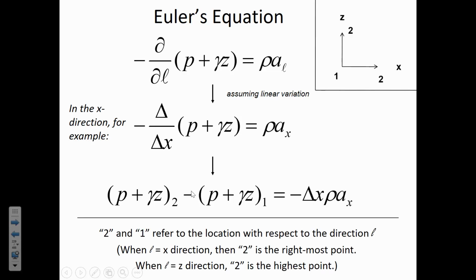Now that convention for location 2 and location 1 is just that if we're accelerating in the x direction, so horizontally, then 2 would be whichever point is further to the right. If the acceleration is in the vertical plane, then 2 is whichever point is higher than the other. So that's just a review of what you've done so far with the homework assignment you submitted today.